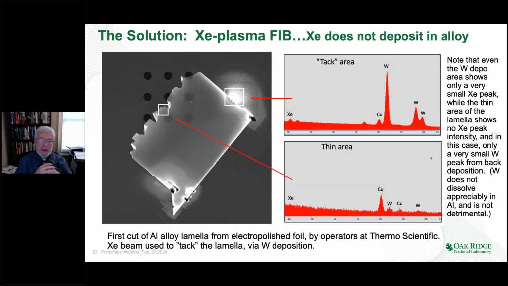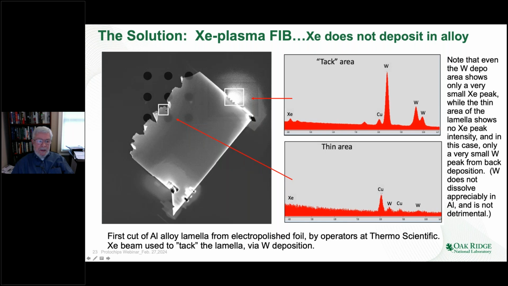So the solution for this was to go to a xenon plasma FIB. And in this case, you can see where we did similar cuts. We deposited tungsten using the xenon beam, and even in the area where it's just heavy tungsten, there's very little xenon implanted.